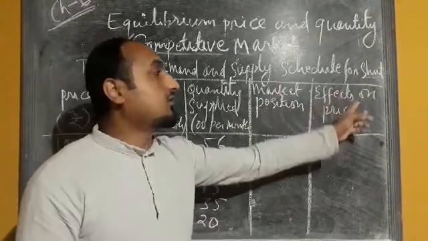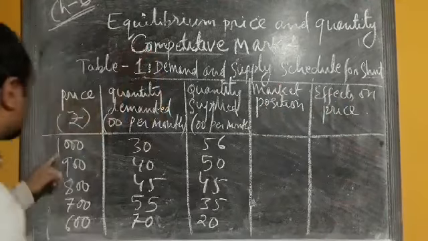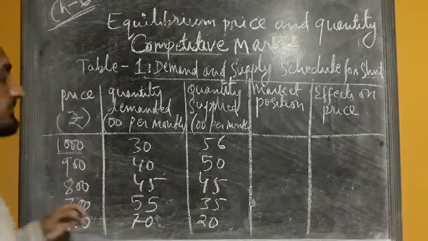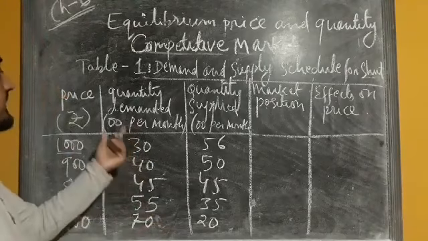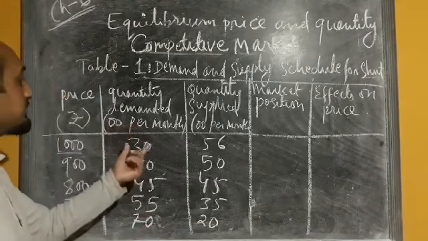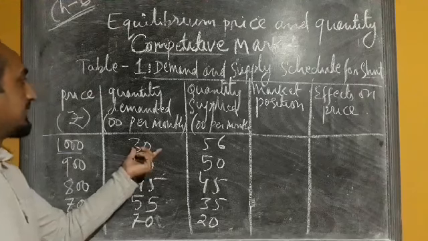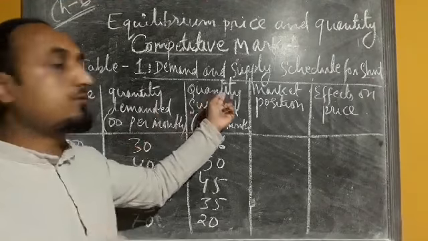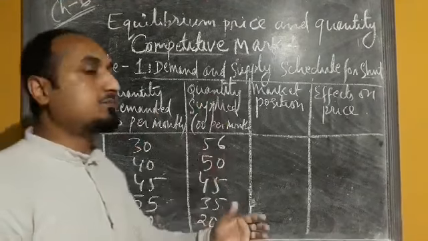At the beginning, suppose the price is 1000 rupees per shirt and the quantity demanded is 30,000 per month, and the quantity supplied is 56,000 per month.